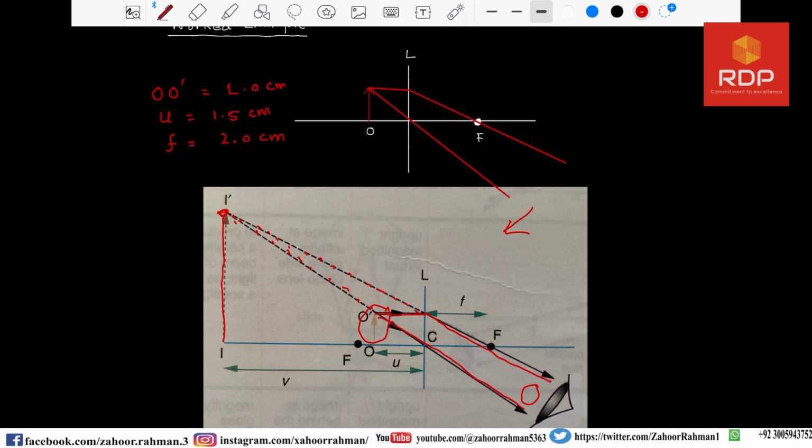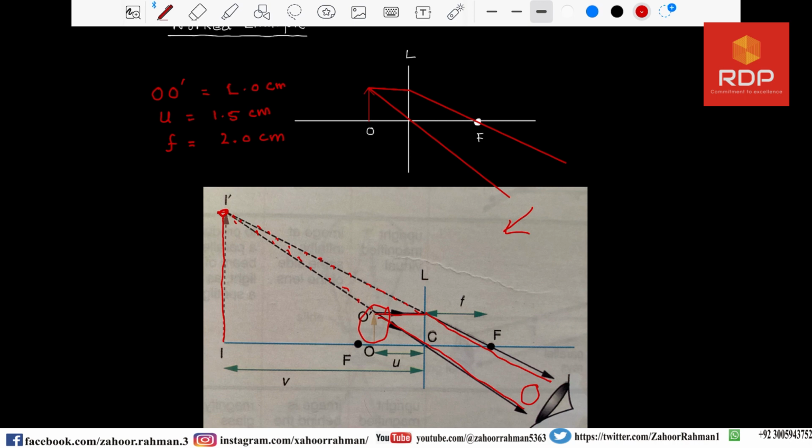So this sort of image is known as a virtual image. Why? If you put a screen on that location, you won't be able to see the image.